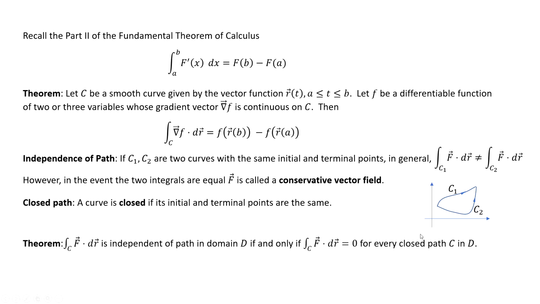Then guess what? The integral on a closed path, meaning you go from here and then come back here, is guaranteed to be 0.